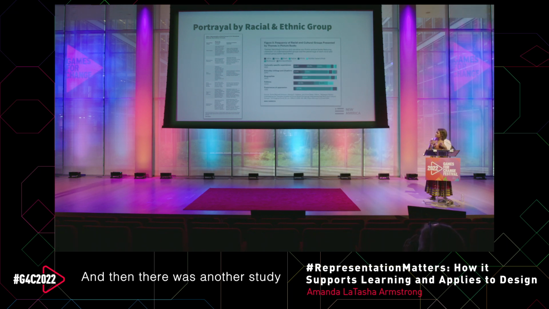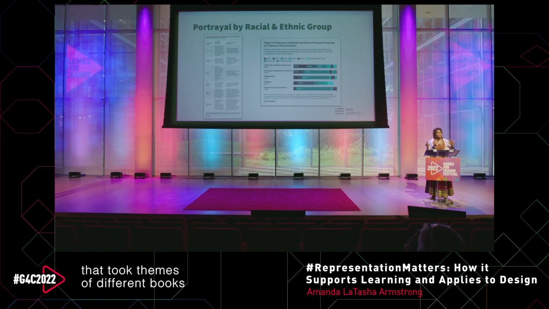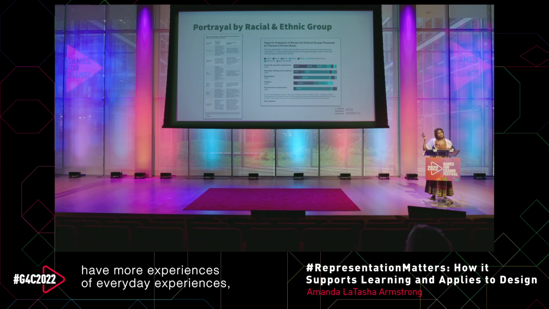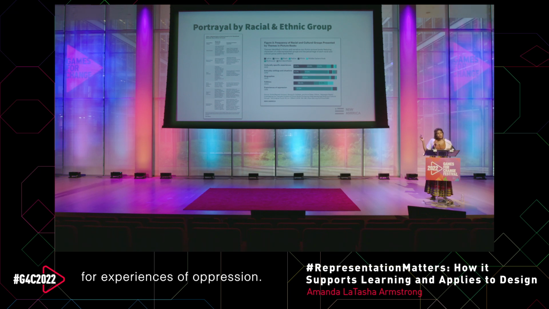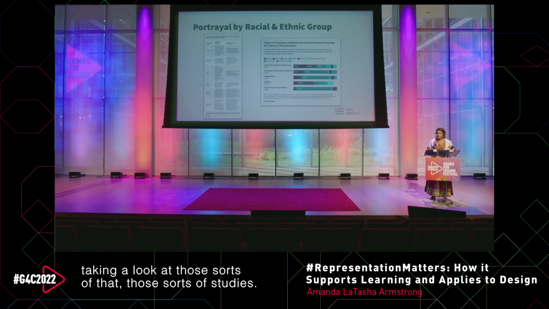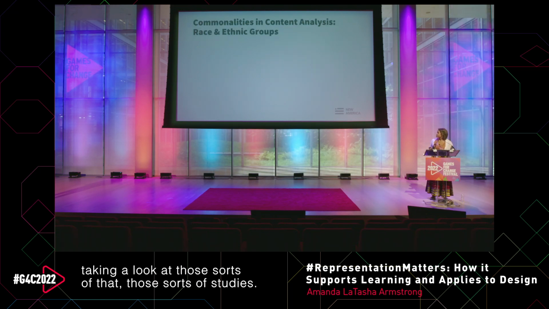Another study took themes of different books that learners consume and grouped racial and ethnic groups by those themes. I was interested in which groups had more appearances of everyday experiences, and which themes were more common for experiences of oppression. I would suggest taking a look at those studies.